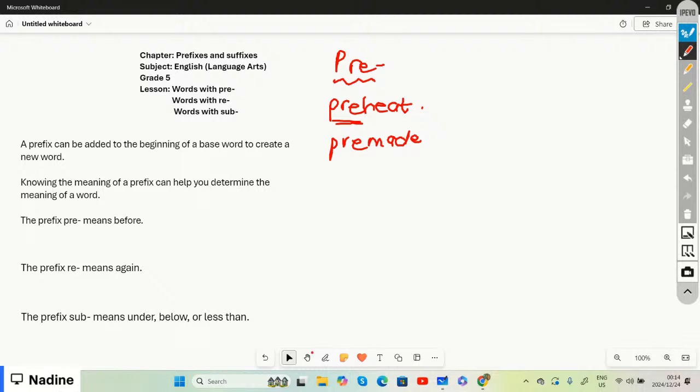Pre-made. So pre means before. So this item was pre-made. So pre-made: anything that was done before. So that prefix pre means before.